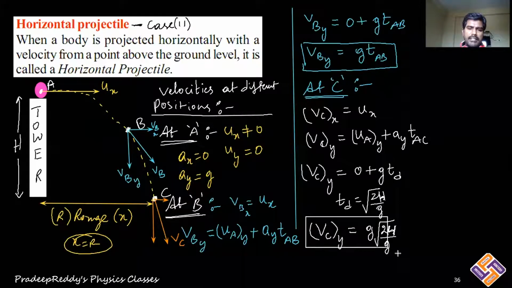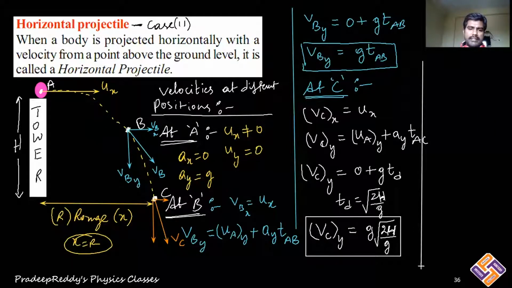Right? That is velocity at different points. And in all these cases, what is your observation? You might have observed one thing, that only the component along y-axis is changing, along x-axis it is the same. Therefore, velocity at A, at B, at C along x-axis is the same.